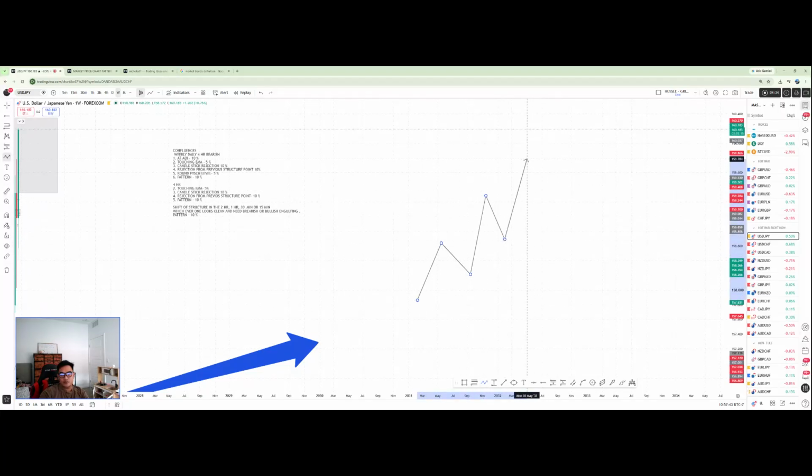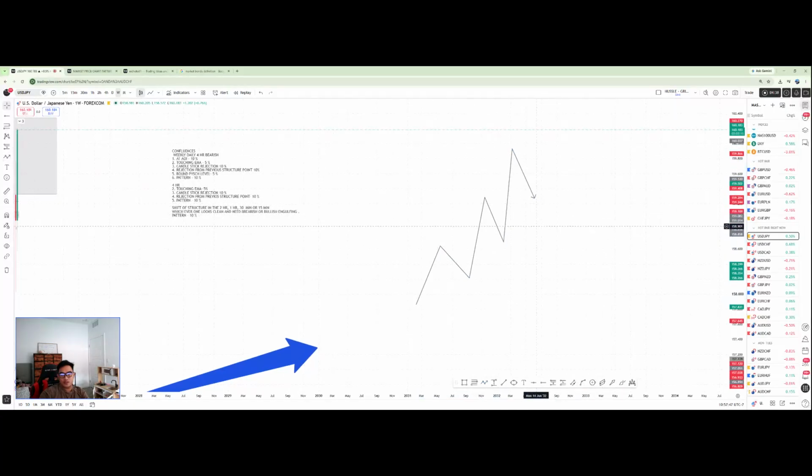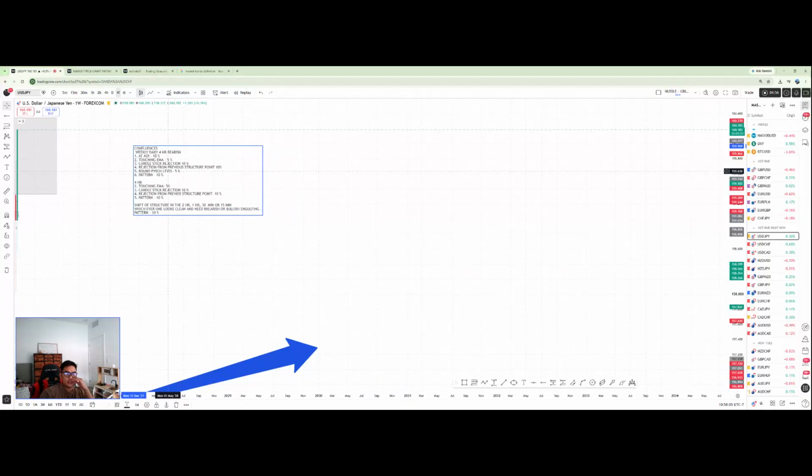Continue to go up, then this is the structure point on the bullish trend. Bearish trend, if you have a lower high, lower low, this is the structure point when you have a rejection. That's going to be the structure point.